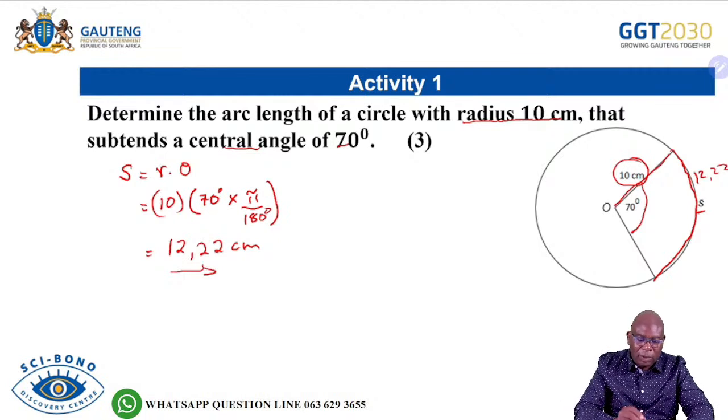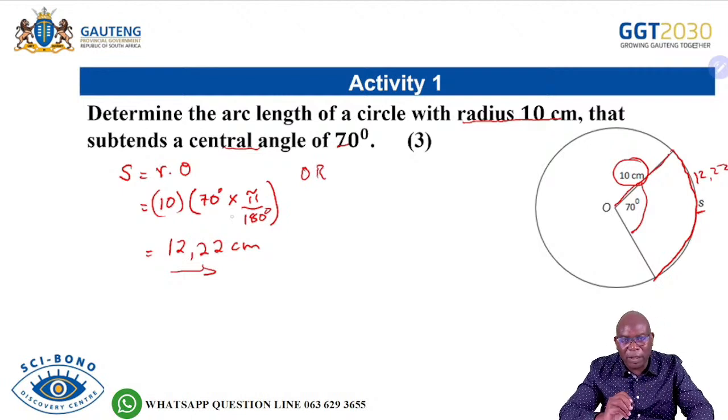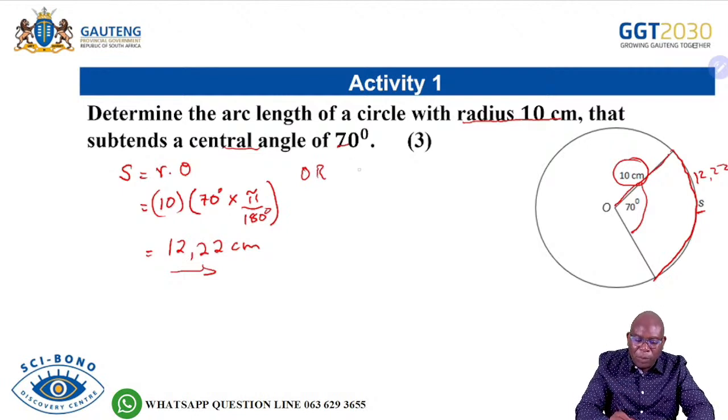I think this method is much easier. But some of you might go S equals 10 multiplied by 70 degrees, and the answer there is 700. Then you take the 700 and multiply by pi over 180 degrees, and you get your 12,22 centimeters.